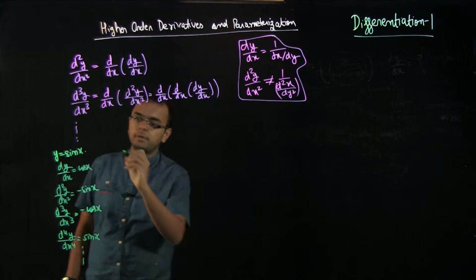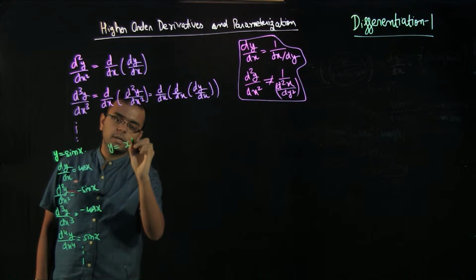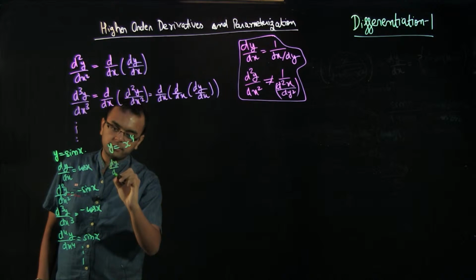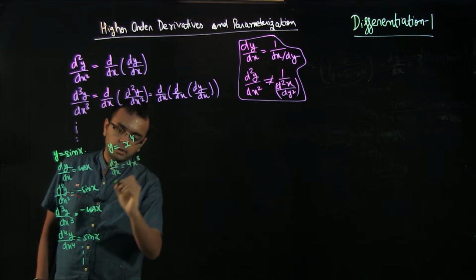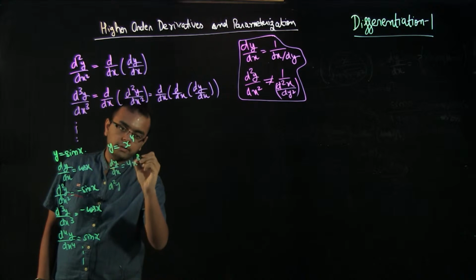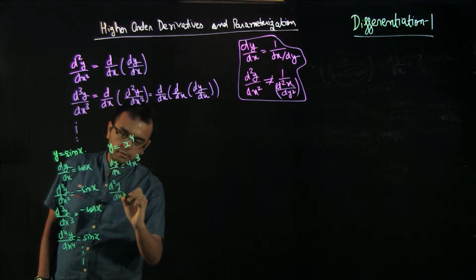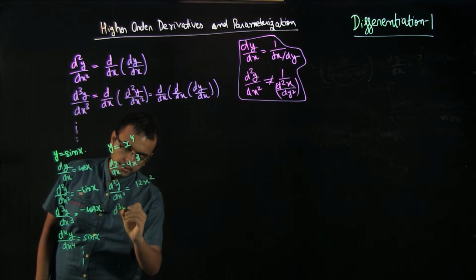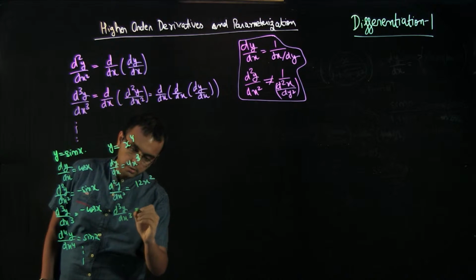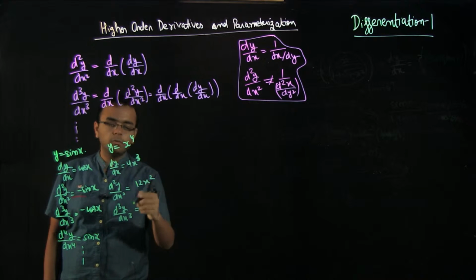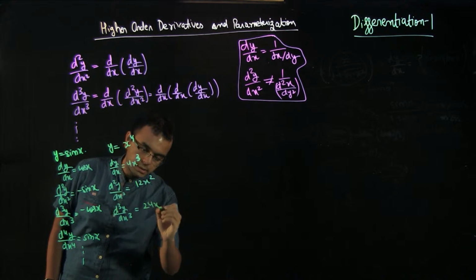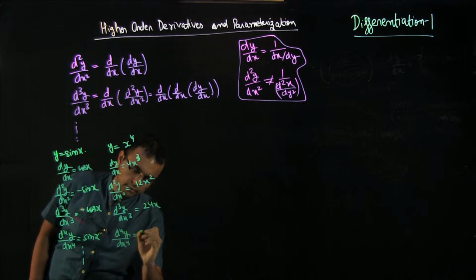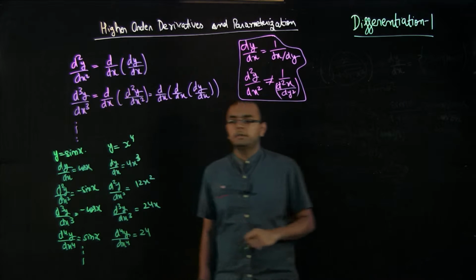Let us take one more example, just so that you are able to understand. If you have y equal to x to the power 4, dy by dx would be 4x cube, and d square y by dx square would be the derivative of 4x cube, which is 12x square. d cube y by dx cube would be the derivative of 12x square, which is 24x, and d4y by dx4 would be the derivative of 24x, which is just the constant 24, and so on.